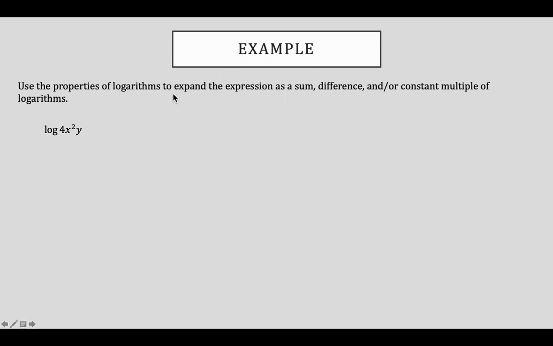First off, let's start off talking about expanding logarithmic expressions. Use the properties of logarithms to expand this expression as a sum, difference, and or constant multiple of logarithms. Notice that we are starting off with a single logarithm, and we want to expand that into multiple logarithms.